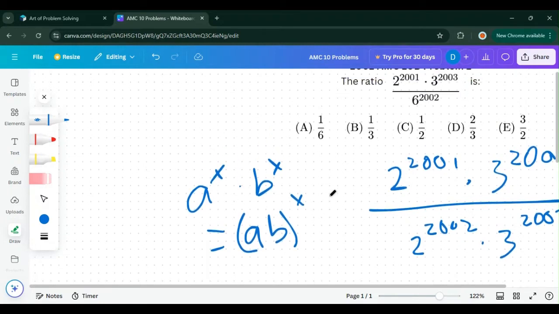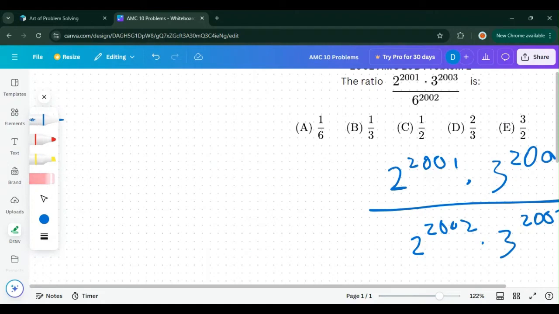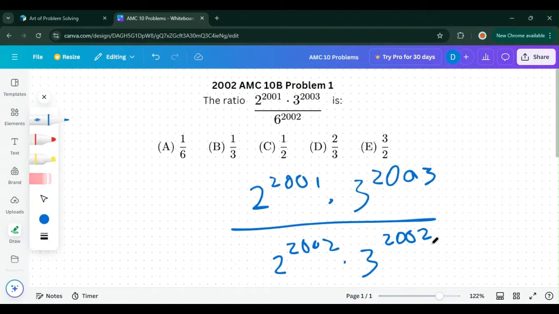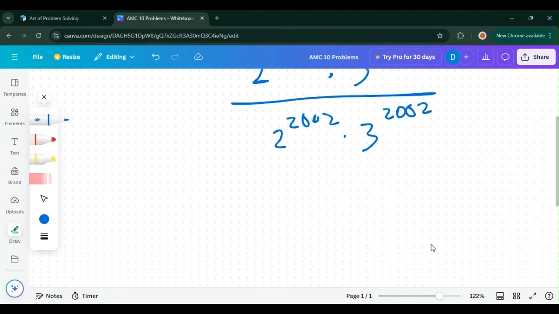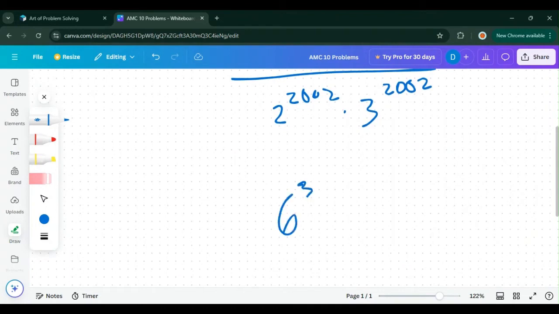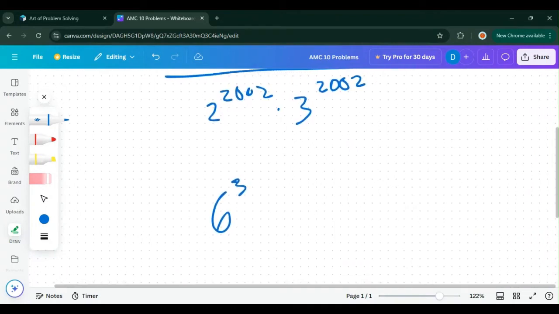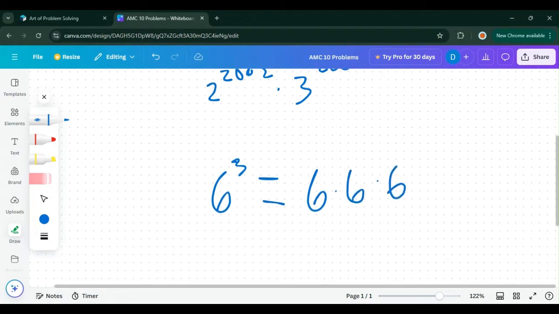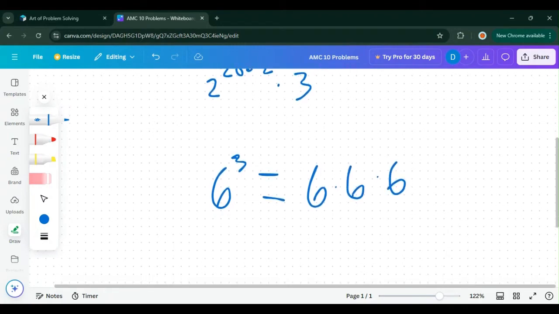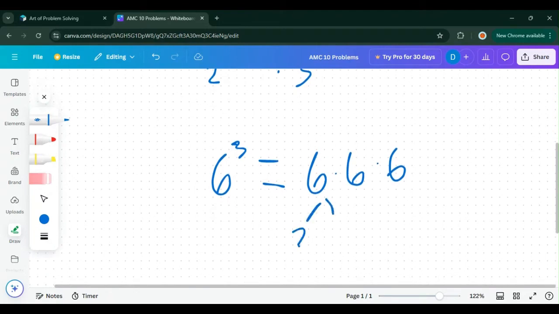And the reason this formula works in the case of the problem is because if we have 6 to the power of 2002, let's just say we have 6 to the power of 3 to make our lives much simpler. It's just 6 times 6 times 6, if we write it out. Each 6 has 2 times 3, and we have 3 of those.